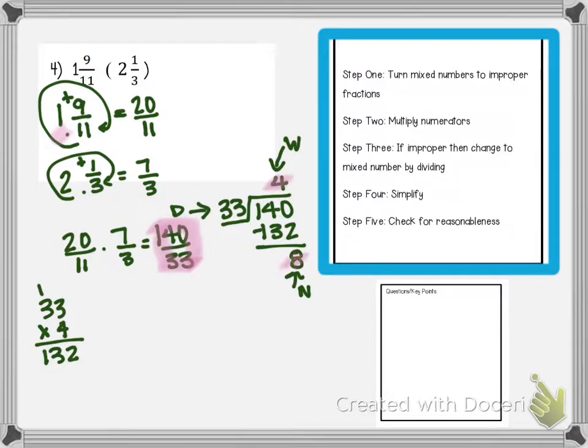Our remainder is 8, which becomes our numerator, and our denominator is 33, giving us an answer of 4 and 8 over 33. This time we're multiplying by more than a whole, so it makes sense that we get a bigger number.